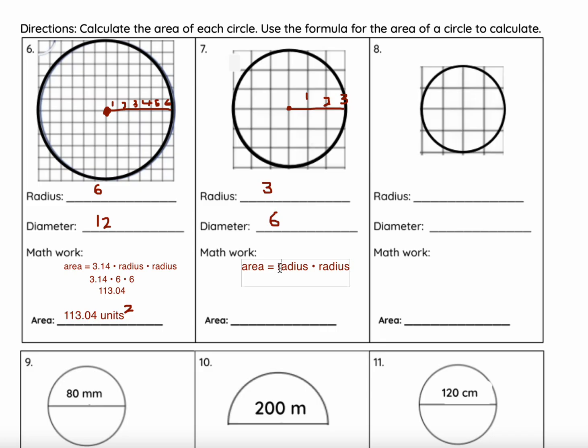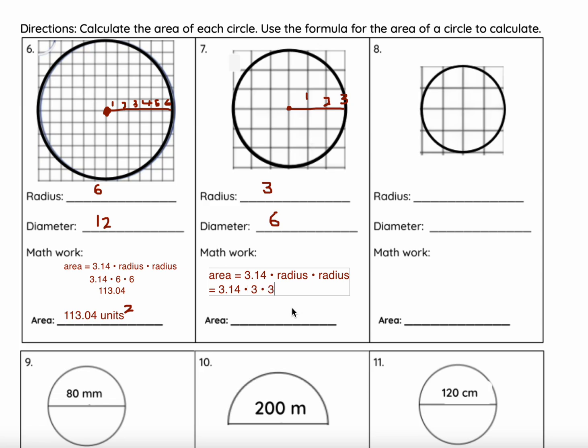Oh, I forgot to put pi. So area is equal to 3.14 times radius. So that's 3.14 times 3 times 3.